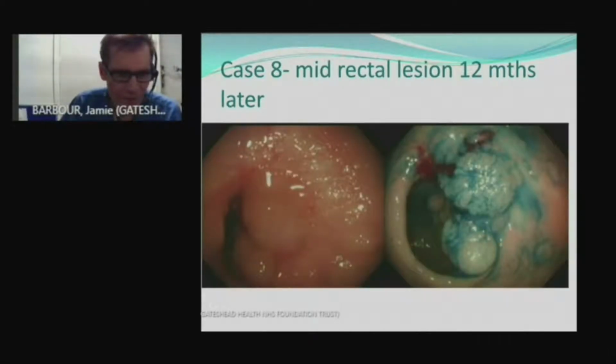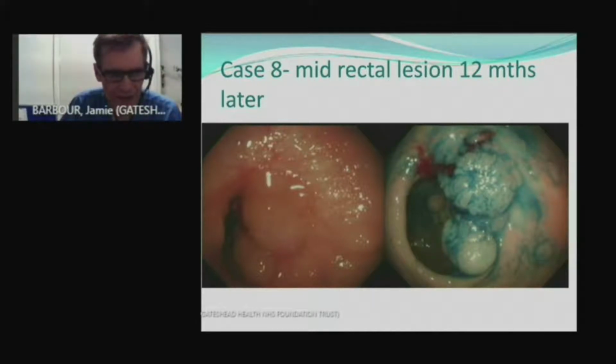Well, there's the normal on the right hand side. You can see the normal bowel. The right hand picture, to the left of this picture, you can see the normal bowel. To the right of the picture, you can see some recurrence, and that's quite extensive recurrence.